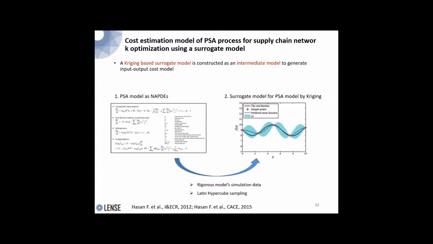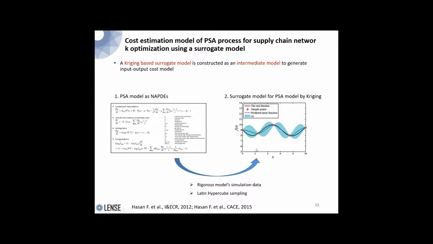And so what they did was create a surrogate model, but they did it in 2 steps. They wanted to get to eventually things like the economic performance, right? But they couldn't do that in 1 step. What they did was these nonlinear algebraic PDE models. They simulated it, and they created a surrogate model that relates input to output using kriging.